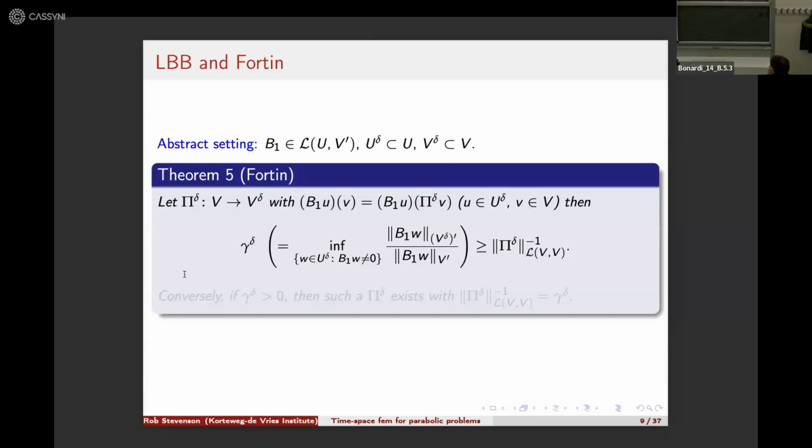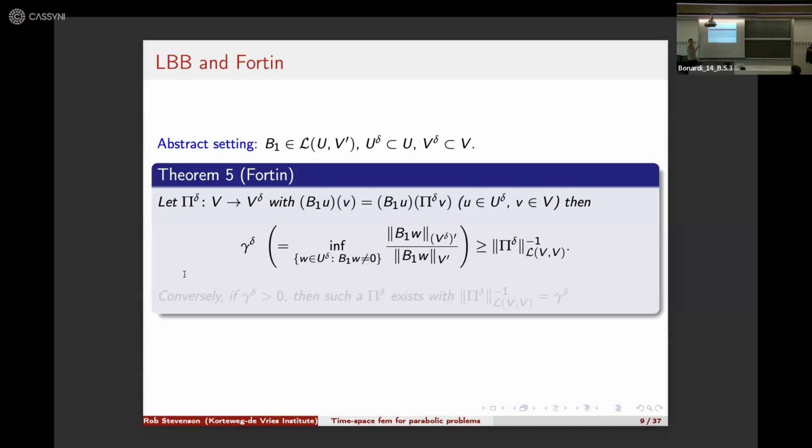So I go to an abstract setting, I have an operator from U to V prime, I have a trial space, I have a test space, I want to have stability, I want that this gamma, this infimum of the discretized dual norm and the exact dual norm, where W runs over the trial spaces, I want this gamma to be positive. Yeah? And now suppose I have a mapping pi delta from V to V delta that satisfies this relation. This is the Fortin relation.